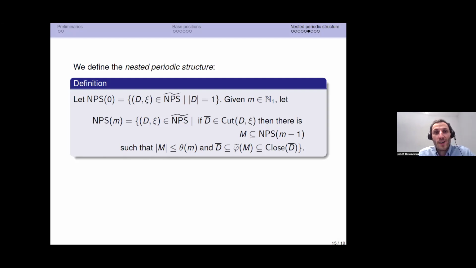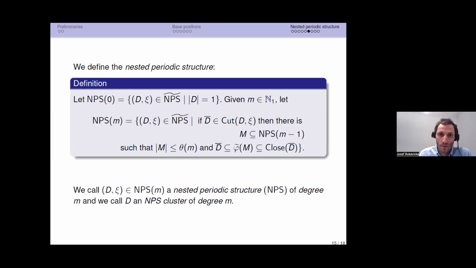It's periodic, but every single period contains some nested periodic structures of lower degree. So this is the idea. Okay, this is what I explained. The couple D, Xi, for this presentation, consider it as a periodic vector.